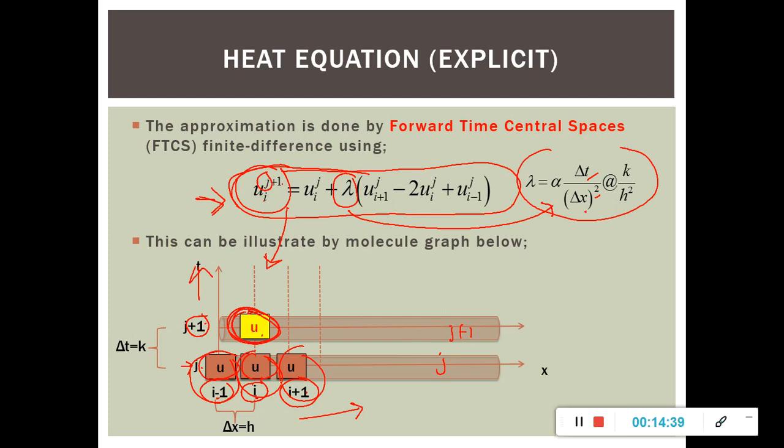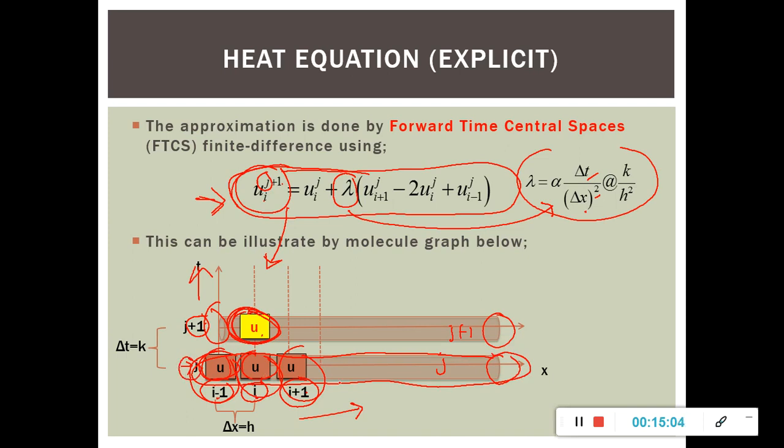Usually if we are using the explicit method, we will have the temperature value at the boundary, and also we are going to have the initial temperature value at t equal to 0, at j over here.